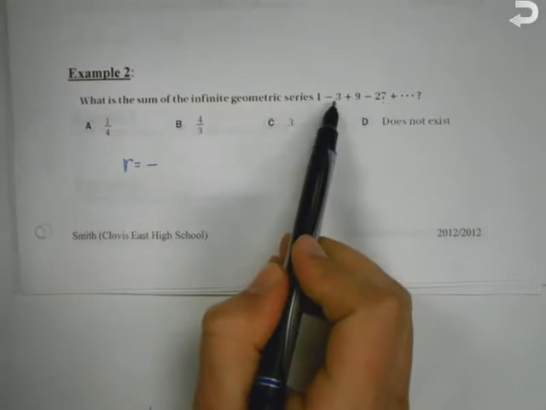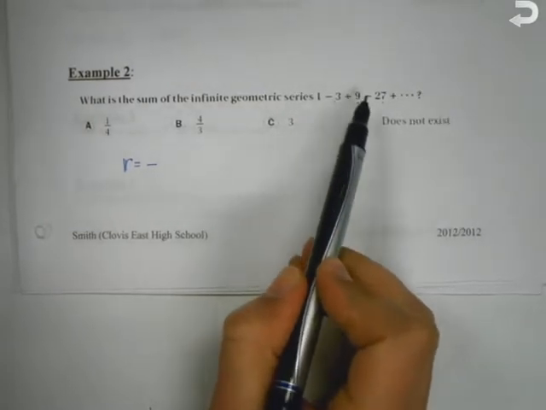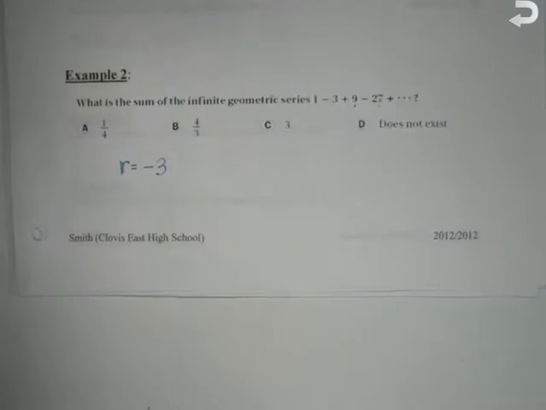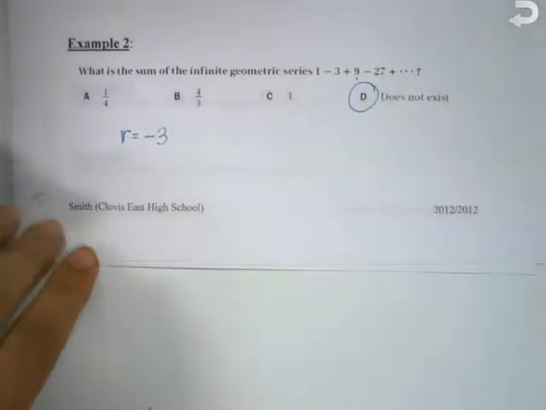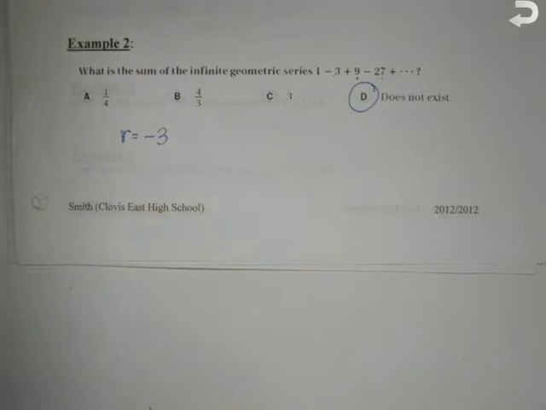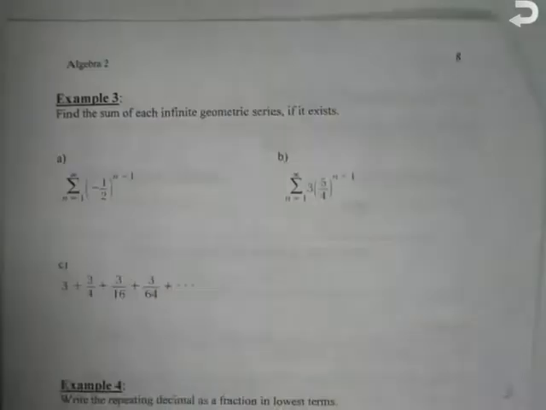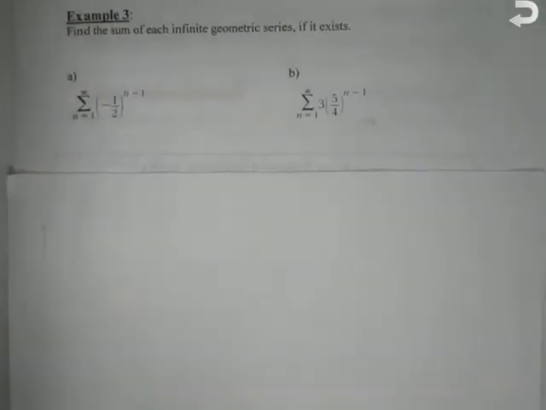And then -3 times -3 is positive 9. 9 times -3 is -27. So r is -3. Is -3 between -1 and +1? No, it does not lie between those two numbers. So we can stop, and we know that it does not exist. So we're done. Not too bad, right? Always check that r is between -1 and 1. Otherwise, you're going to do a whole bunch of work for no reason. Okay?